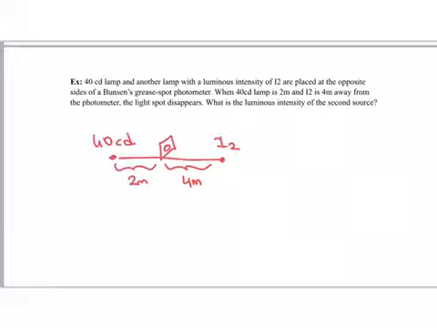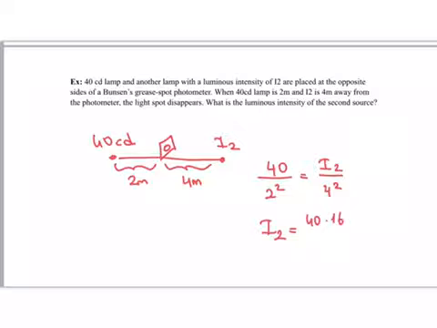The light spot disappears. So what's the luminous intensity of the second source? So 40 over 2 squared should be equal to I2 over 4 squared. So I2 is equal to 40 times 16 over 4, which is equal to 160 candela.